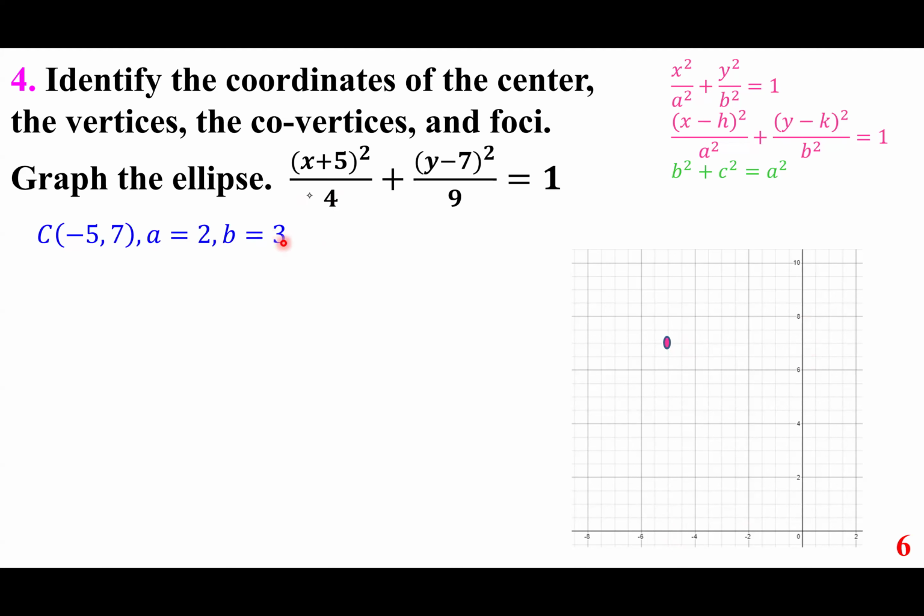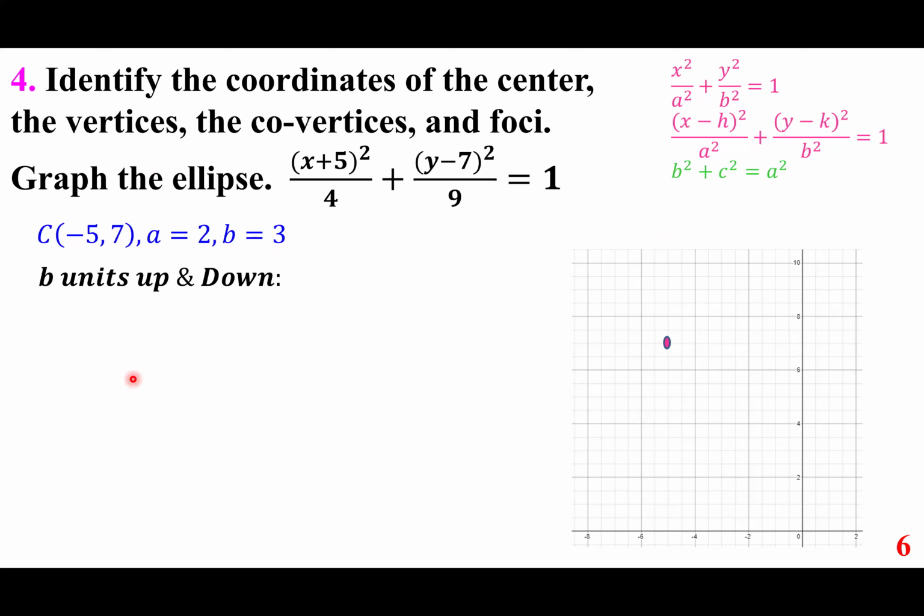But understand what happens. The vertices, because B is larger, are along the y-axis. It's parallel to the y-axis. So we are going to go B units up and down to find the vertices. Here's the center. We're going to go up by B: 3 and 7 becomes 10, so minus 5, 10.